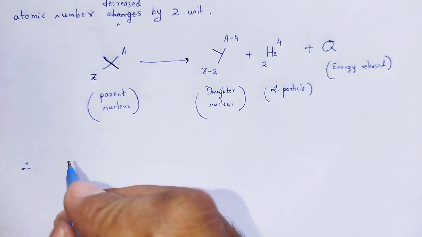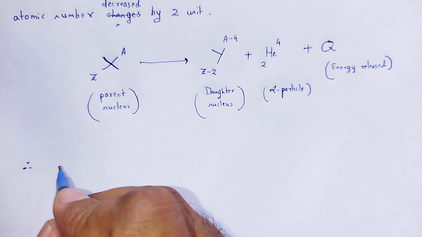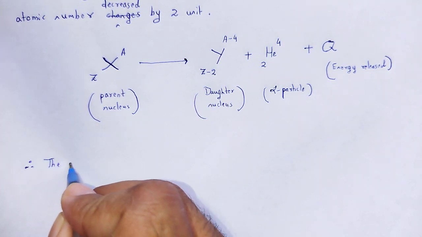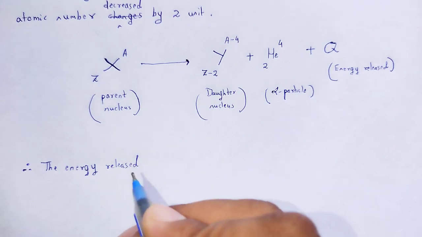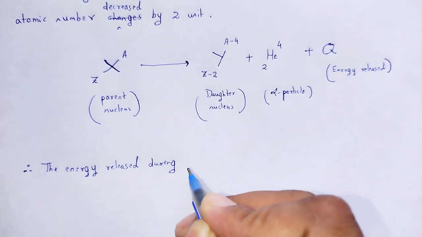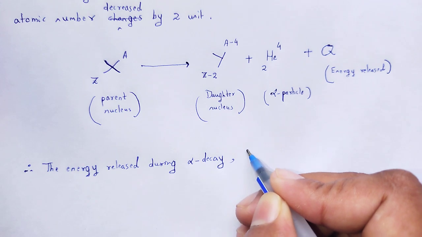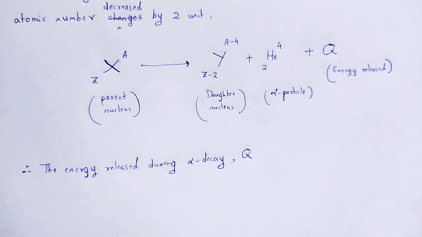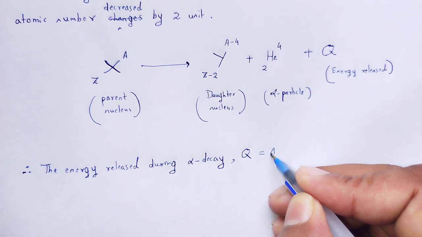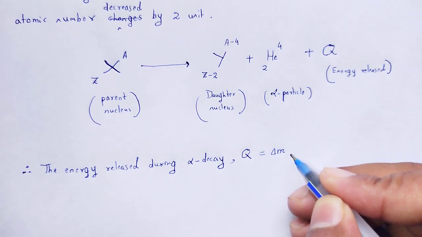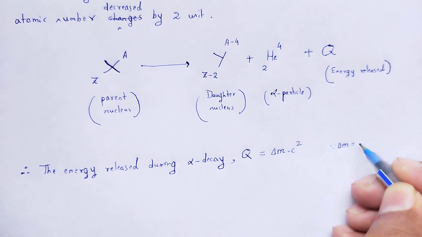Therefore, the energy released during alpha decay is given by Q equals delta M into c square, whereas delta M is the mass defect.